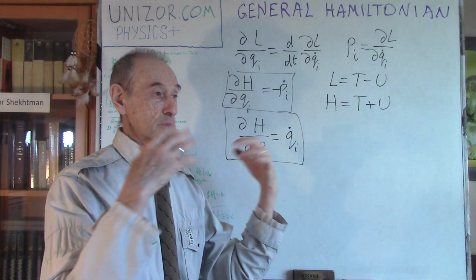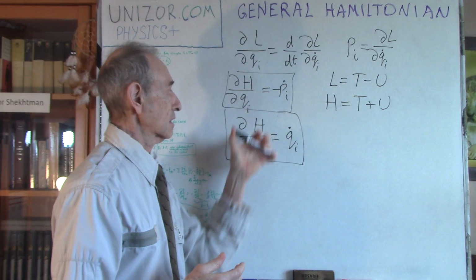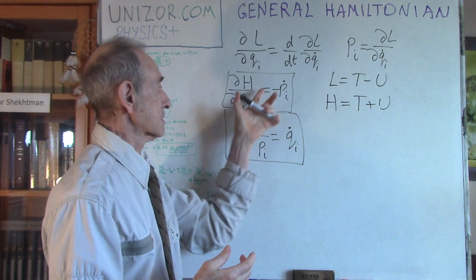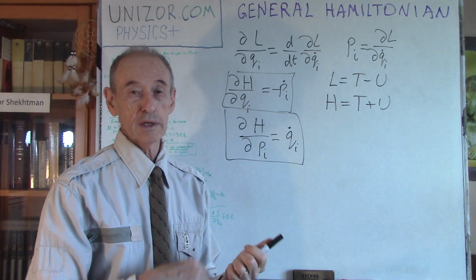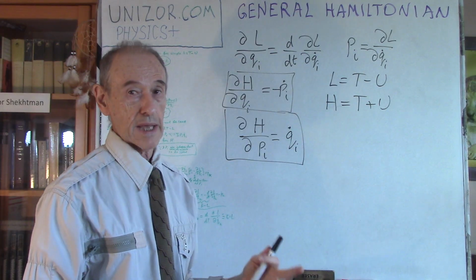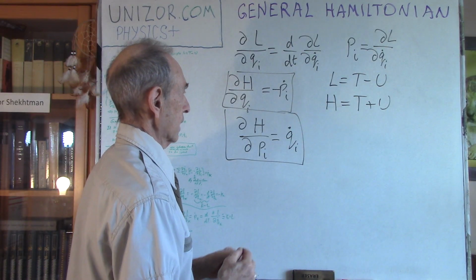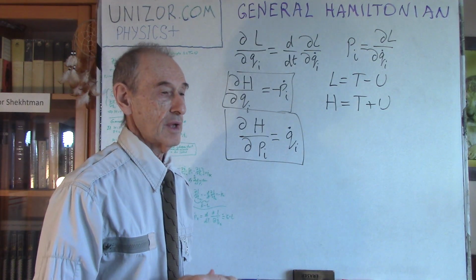So let's assume that we have a general system with some kind of Lagrangian, but we would still like to come up with this and express H in terms of the Lagrangian, coordinates, and momenta. So that's my task for today. All right, but how can I approach this?